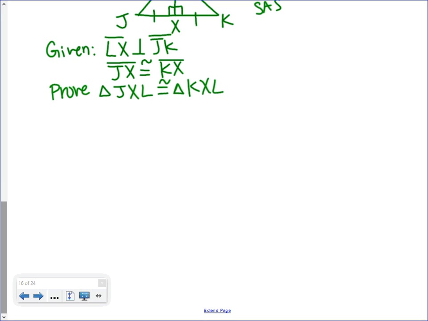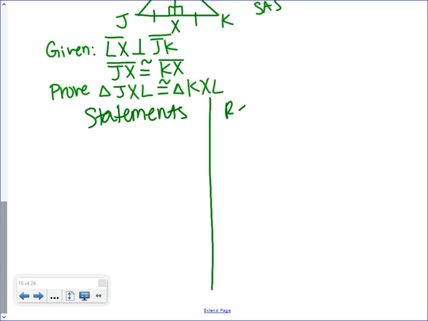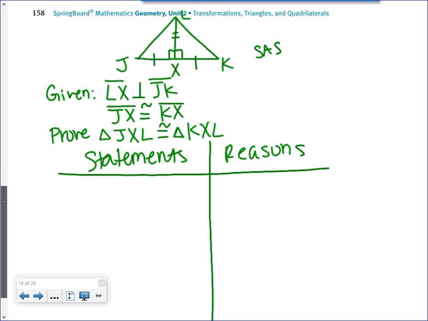So when we're writing our proof for our statements and our reasons, I'm going to put both of my givens in the first statement. But if you would prefer to split it out, you absolutely can.